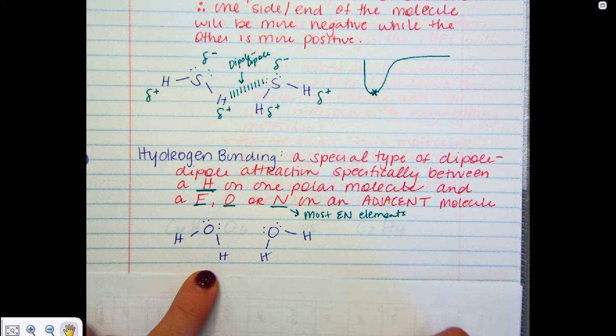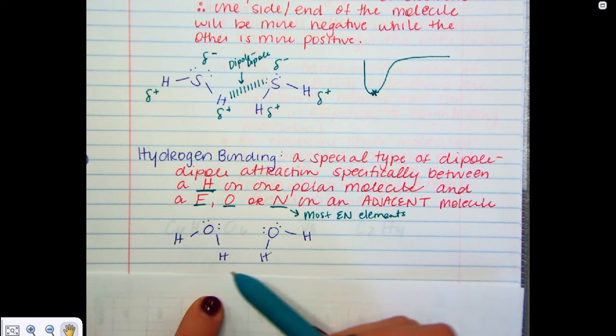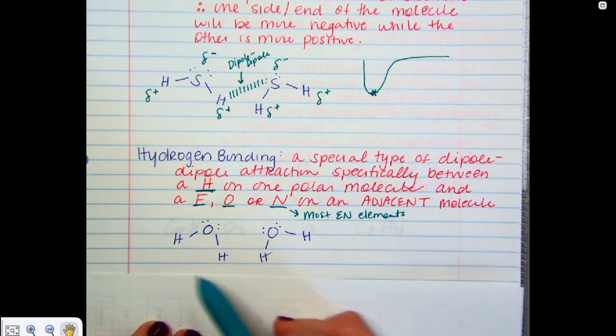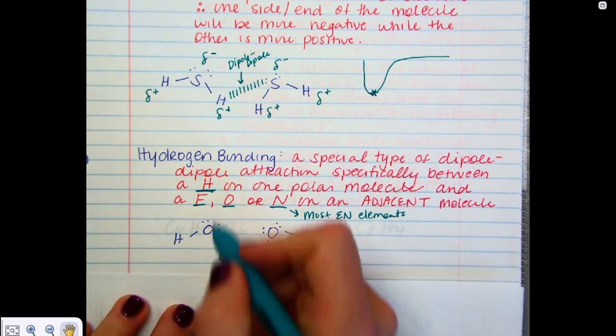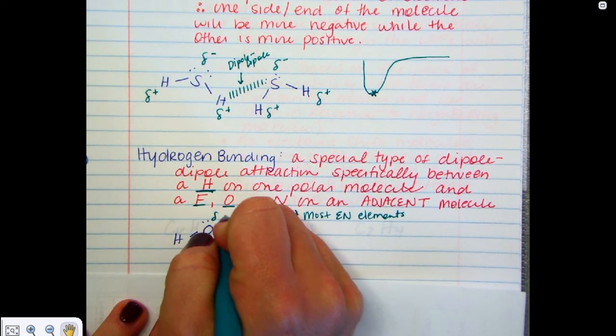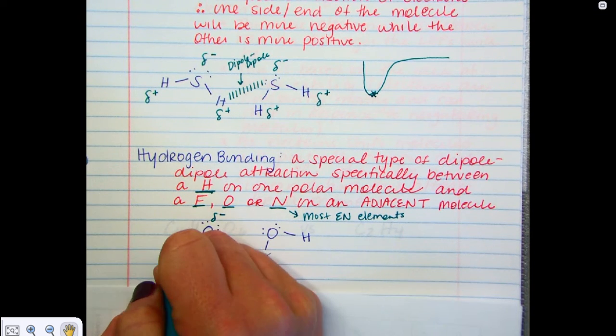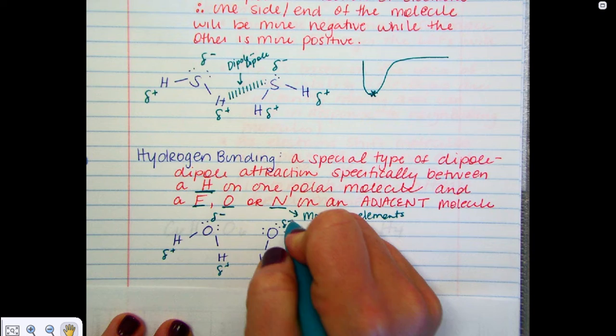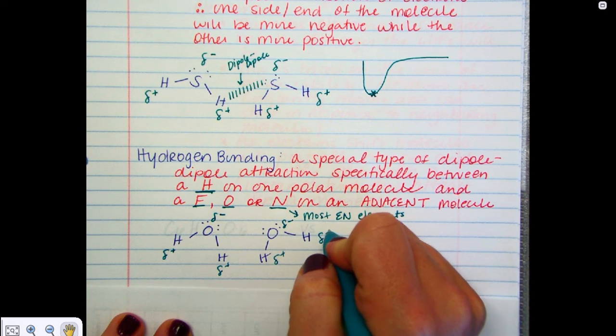Okay, so again, think about these as waters, obviously. If I've got a beaker of water, hundreds, thousands of these molecules in there, I have a partial negative on the oxygen, partial positive on the hydrogen, partial negative, partial positive, partial positive.